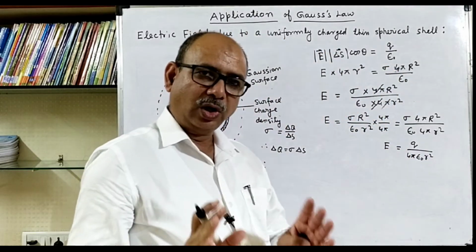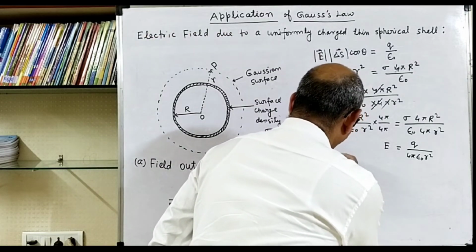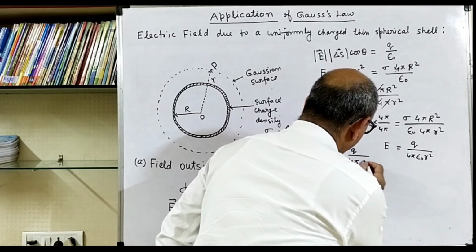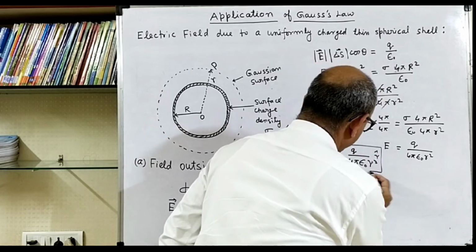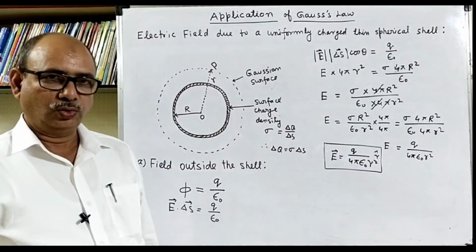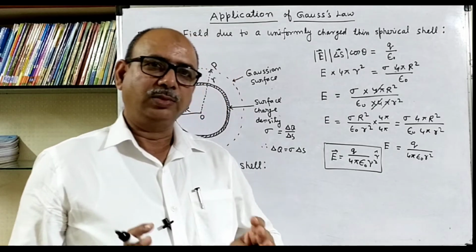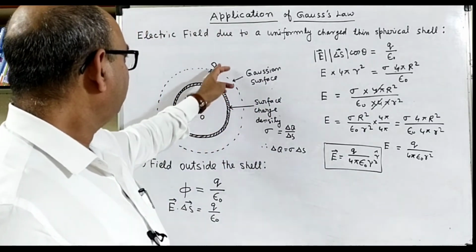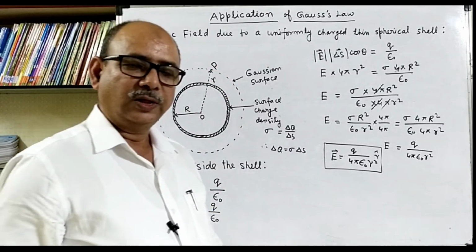Or in terms of a vector, we can express the electric field E as Q upon 4 pi epsilon naught r square into a unit vector r. The unit vector r is radially outward. So in this way, by application of the Gauss law, we calculated the value of the electric field at point P, which is outside the spherical shell.